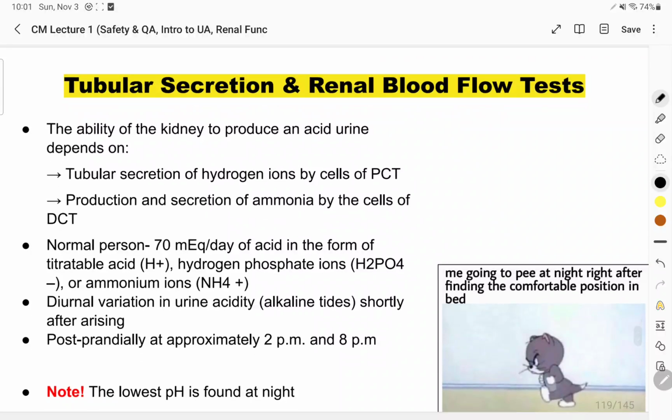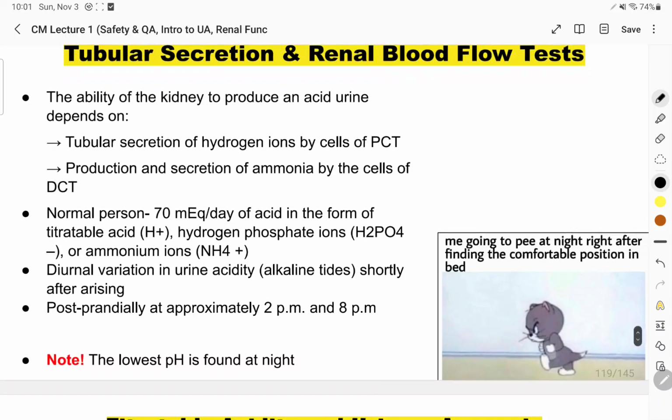So this test tests the ability of the kidney to produce an acid urine. This depends on the secretion of hydrogen ions by the RTEs in your PCT, and also the production and secretion of ammonia by the cells of your DCT.